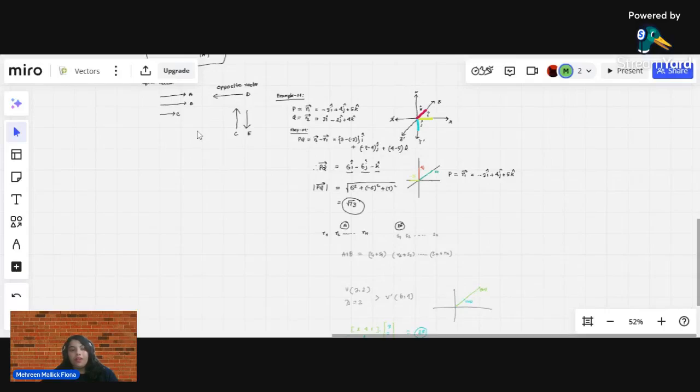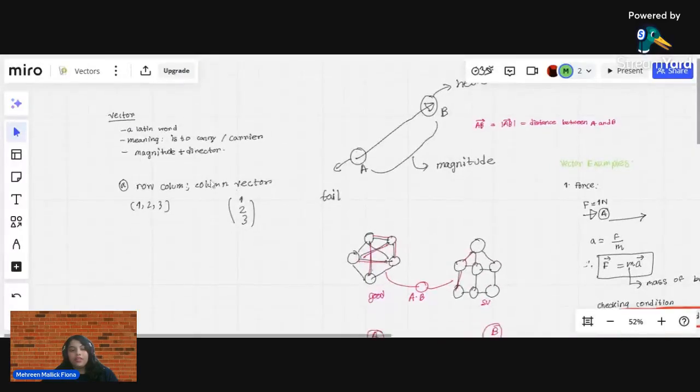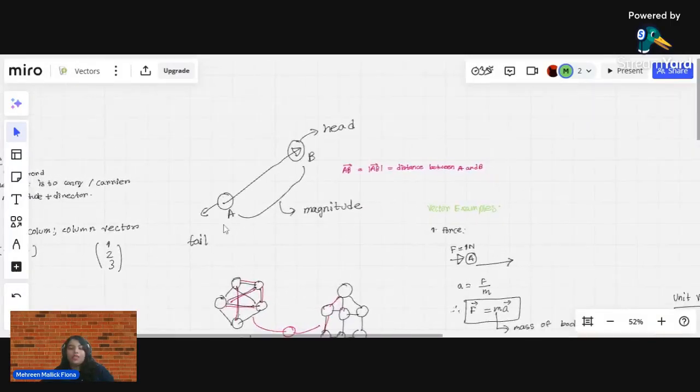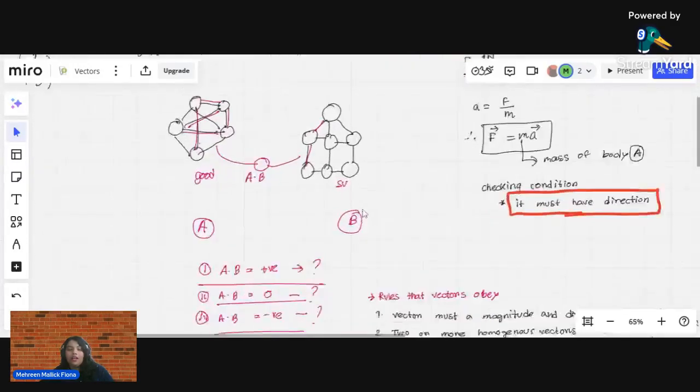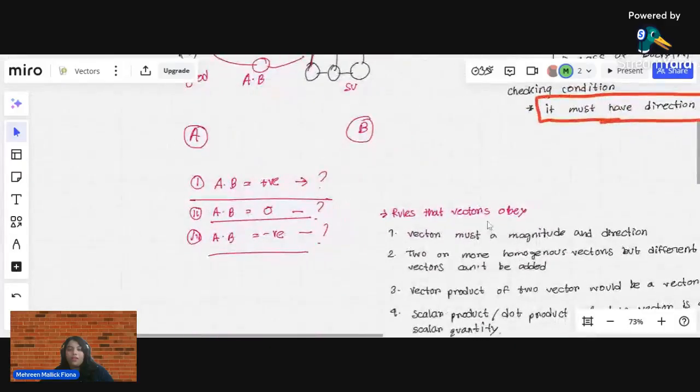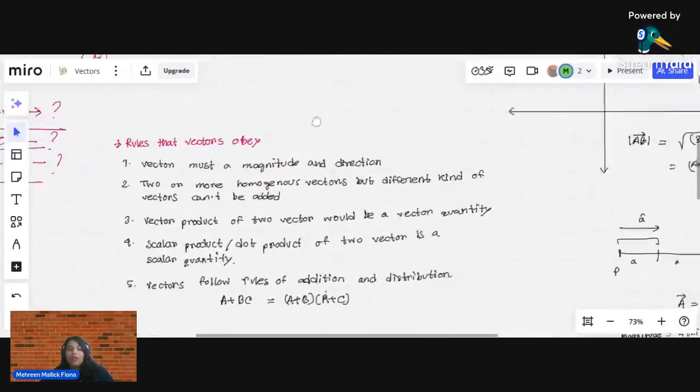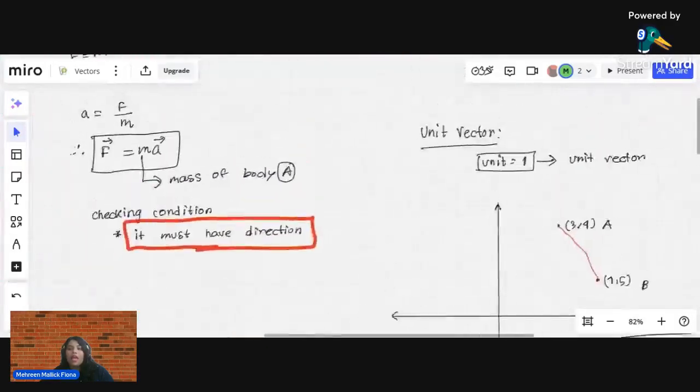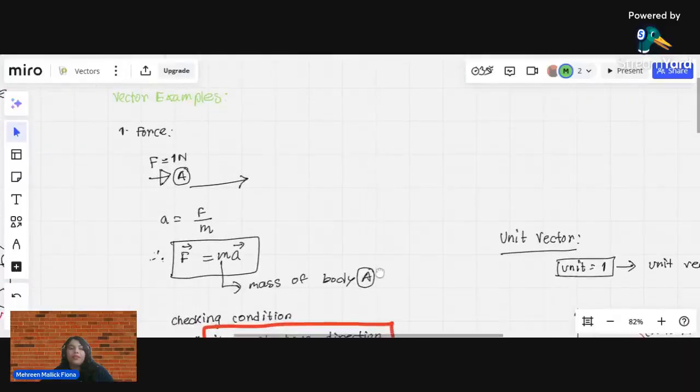So we have understood what a vector is. It is a Latin word, and it must consist of magnitude and direction. We can represent a vector like this, with a head and a tail, and magnitude, and why we are learning dot product, what is the purpose of it, and some rules that a vector must obey. And what is an example of a vector?